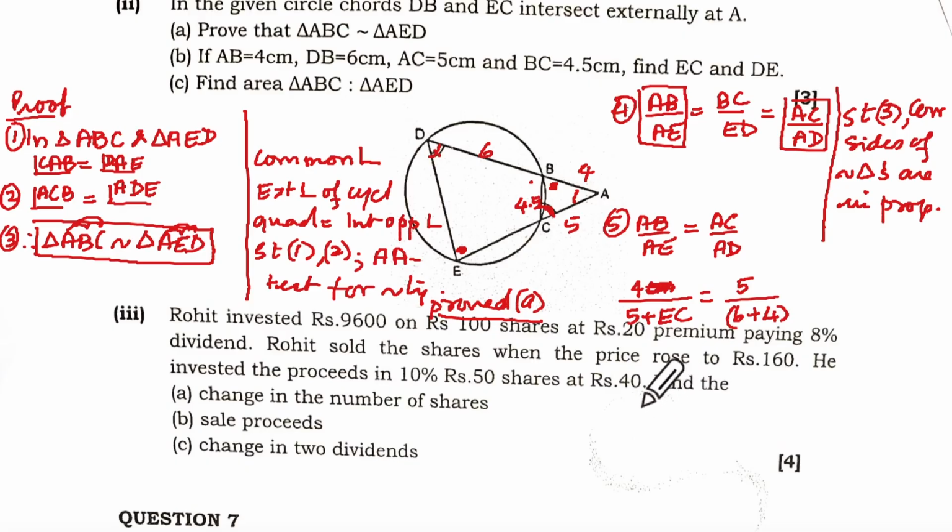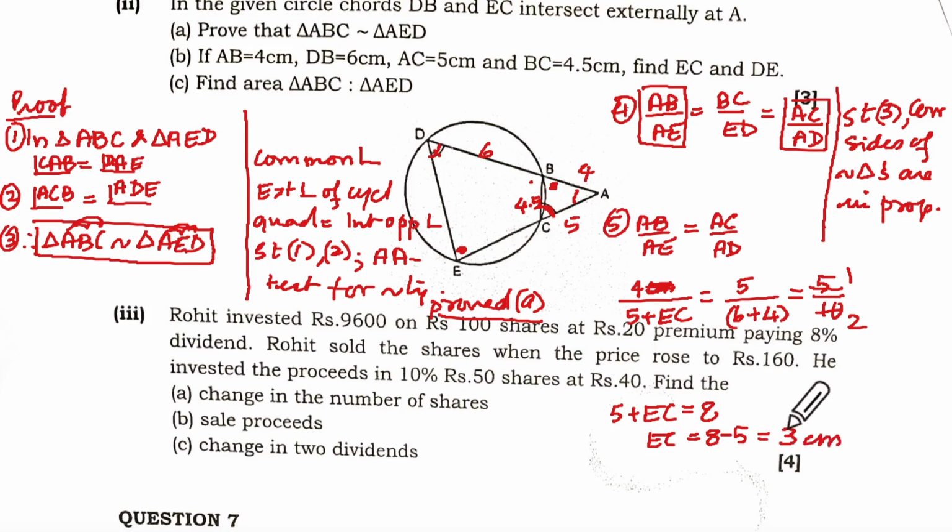All right, so 10, this is equal to 5 upon 10, correct? Now cancel this here itself. Saw that? I made it into half. Then cross multiply. So 5 plus EC is equal to 8 and EC is equal to 8 minus 5, which is 3 centimeter.